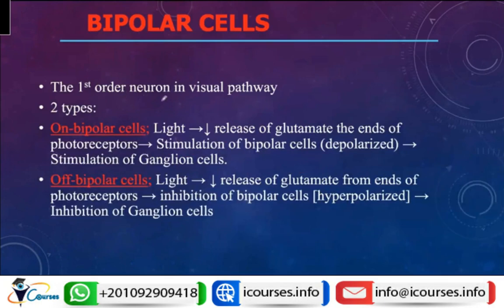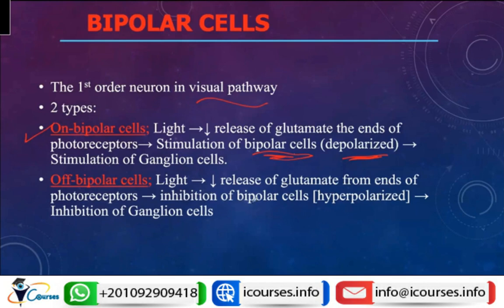So bipolar cells are the first order neuron in the visual pathway. The on bipolar, under the effect of light, will result in decreased release of glutamate, causing stimulation of the on bipolar cells by depolarization, causing stimulation of the ganglion cells. In the off bipolar, the light will decrease the release of glutamate from the end of the photoreceptor, leading to inhibition of the bipolar, leading to hyperpolarization.